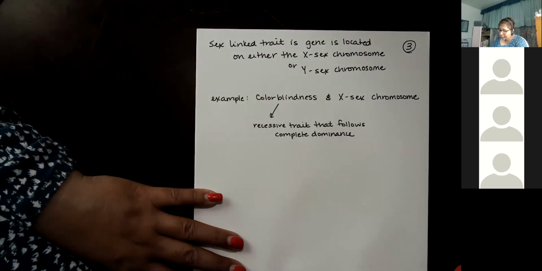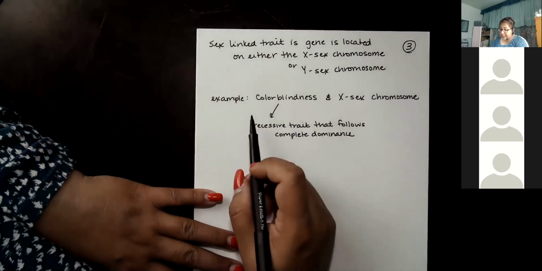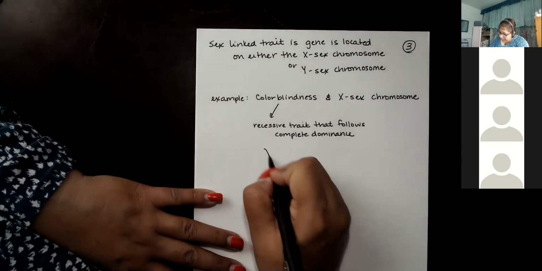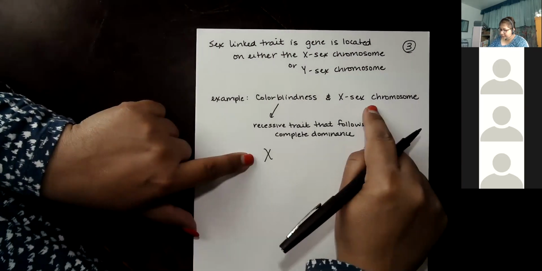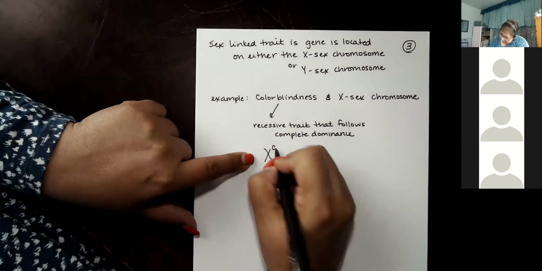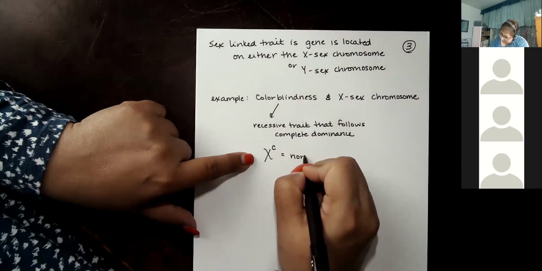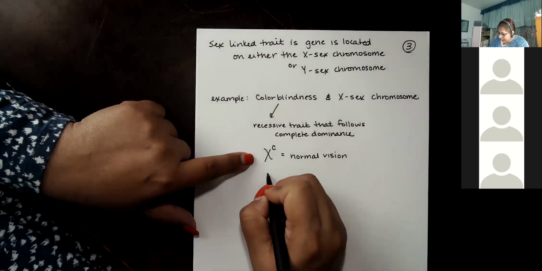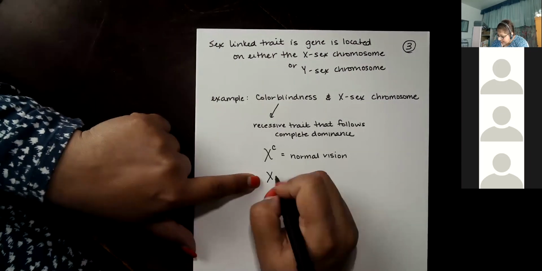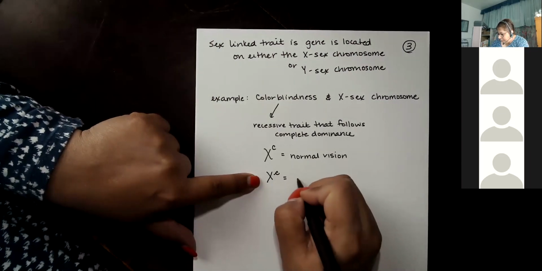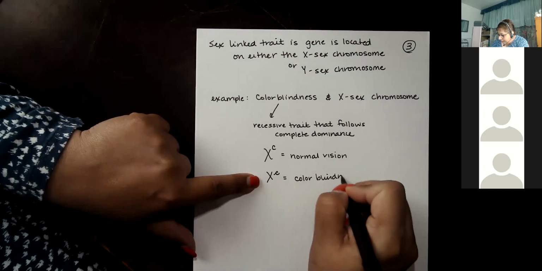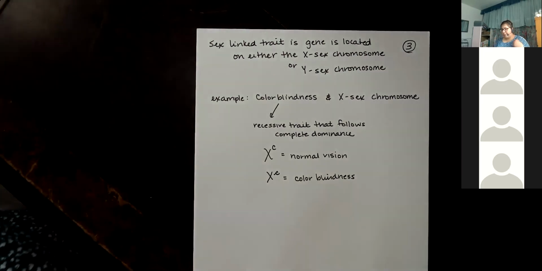So let's say I use the letter C for color blindness. The way I would note it is, here's my X for my sex chromosome. Capital C would be somebody with normal vision. Somebody with the lowercase c would have the color blindness gene.